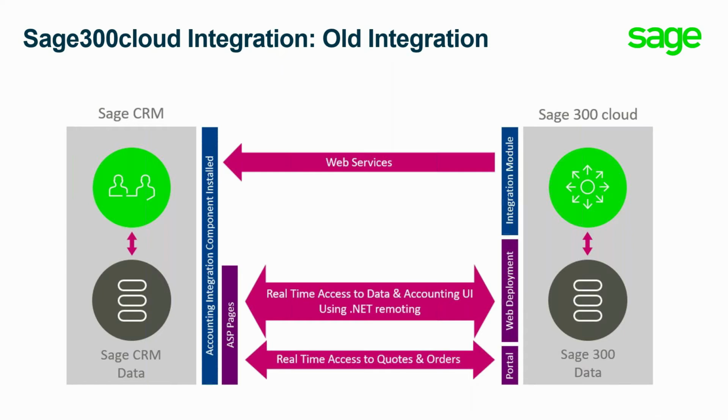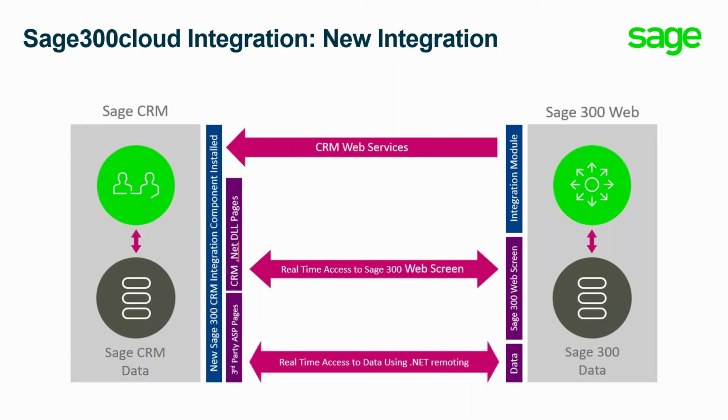The Sage 300 integration to CRM was done through different APIs. So we're now using the Sage CRM web services directly. It's direct access to the web screens, so it's not going through the web deployment screens and then into the Sage 300. So just an overall improvement in how it's going through.